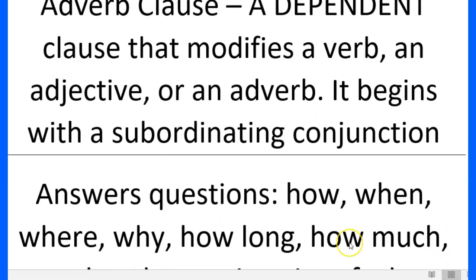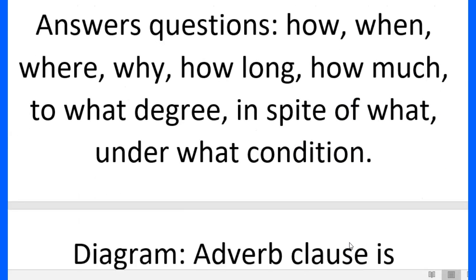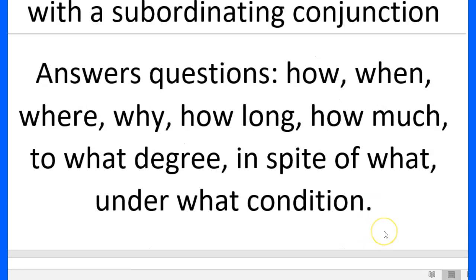Now, our adverb clause can answer some certain questions. It can answer how, when, where, why, how long, how much, to what degree, in spite of what, and under what condition. So these are the questions that you need to ask. You can't just assume that you know for sure that this is an adverb clause and not perhaps an adjective clause.